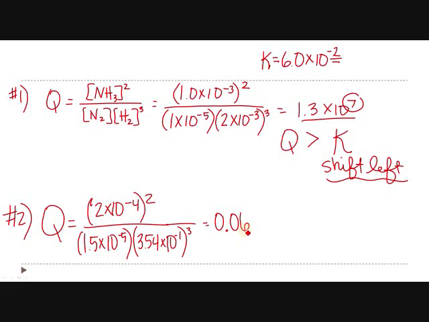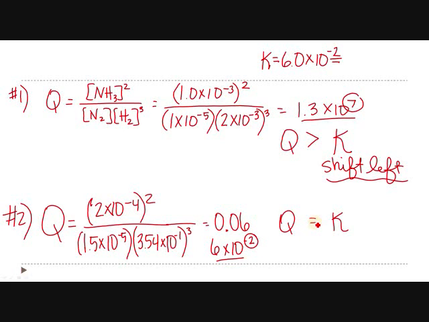Well, it's nice when you have scientific notation, right? So if we put this 0.06 into scientific notation, that would be 6 times 10 to the negative 2. Yes, I know I did not keep the significant figures. My apologies. But then, so now, taking our Q versus our K, if our Q is 6 times 10 to the negative 2, and our K is 6 times 10 to the negative 2, that means they're equal to each other.